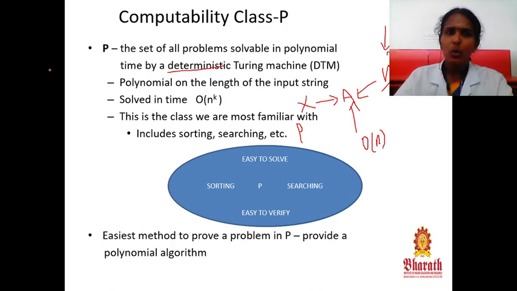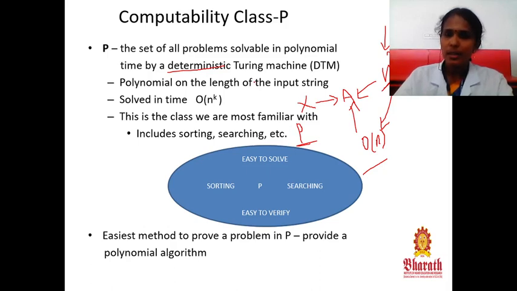So the set of all problems solvable in polynomial time by a deterministic Turing machine is a class P problem. X is a problem, for which I have an algorithm with n inputs, so the time is big O of n, that is the upper bound. Calculating the time complexity, I can say it is a polynomial algorithm.